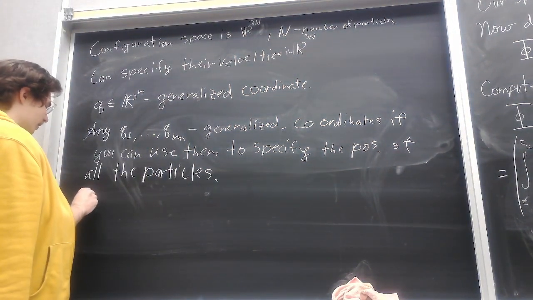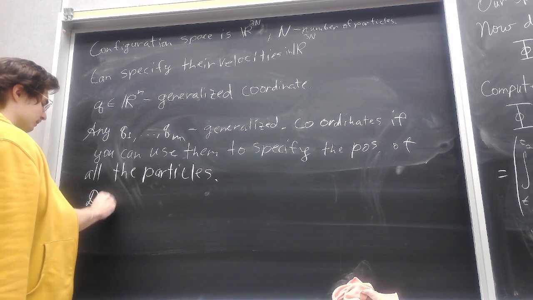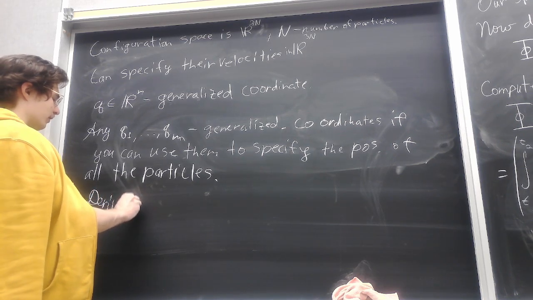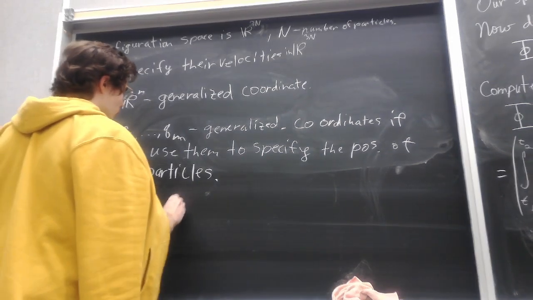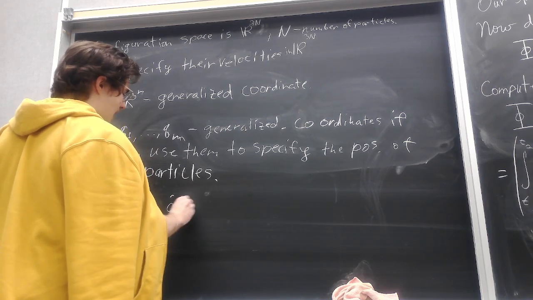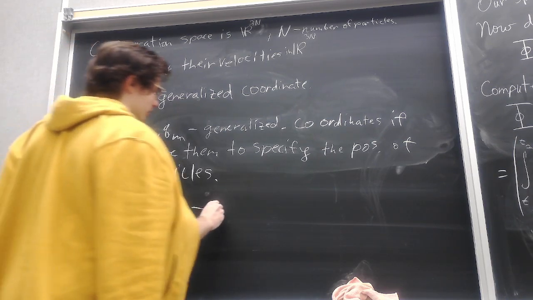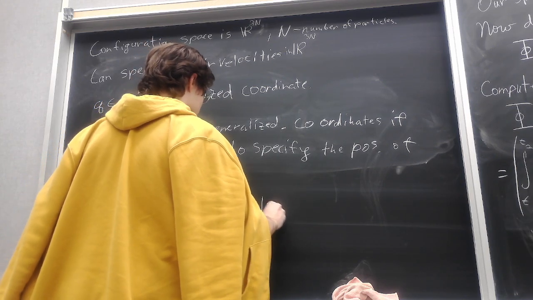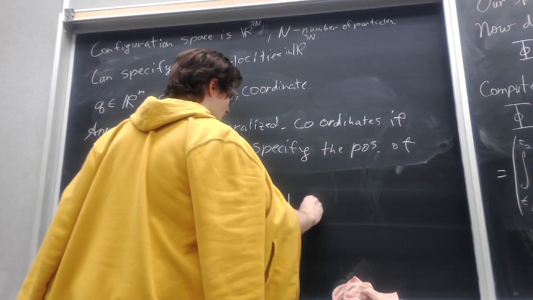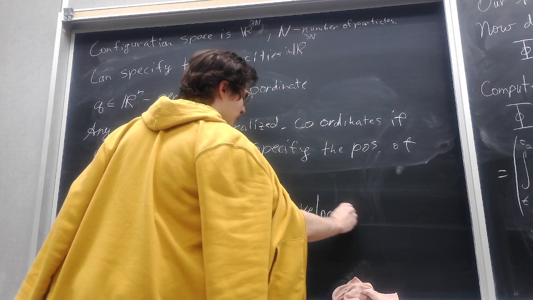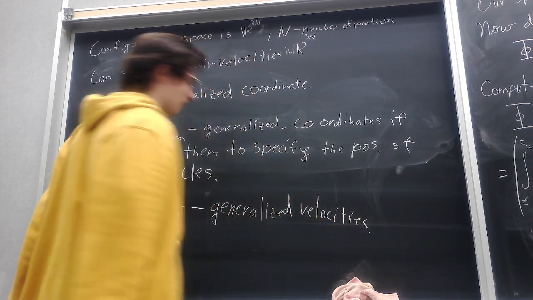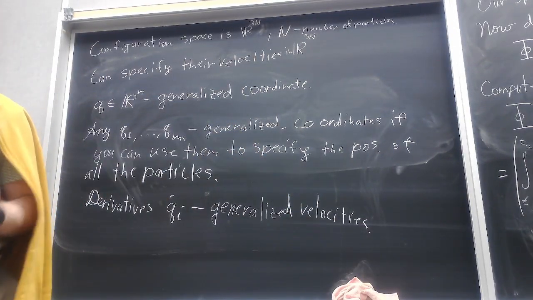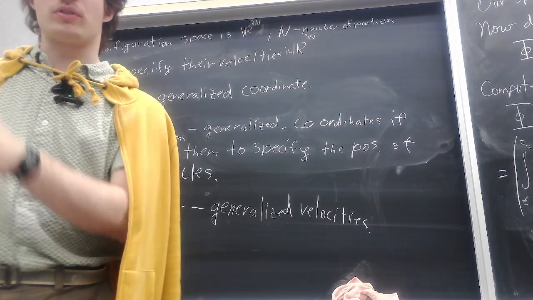And so derivatives Q dot i are called generalized velocities. Why is this generalized? Because maybe if you take Q dot and then square all of them, they might not give you the actual speed at which the particle's moving.